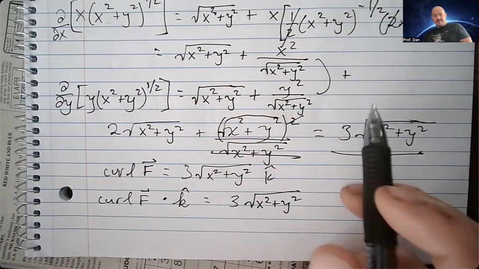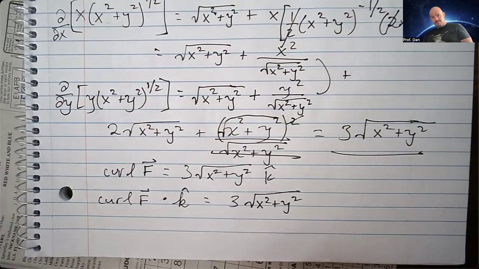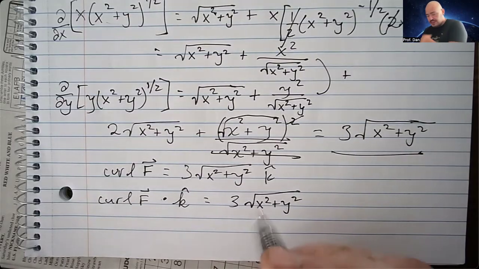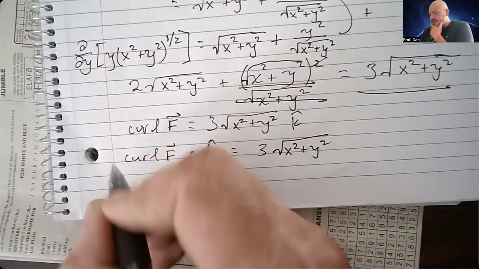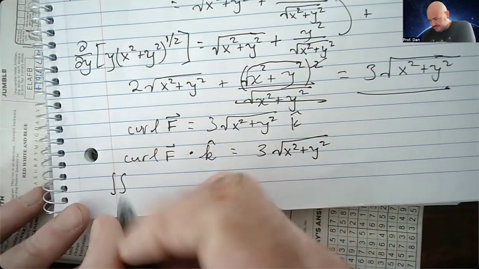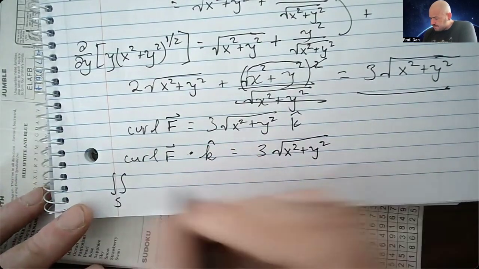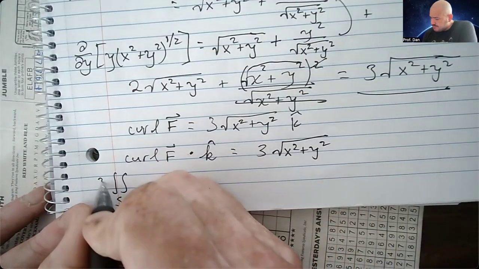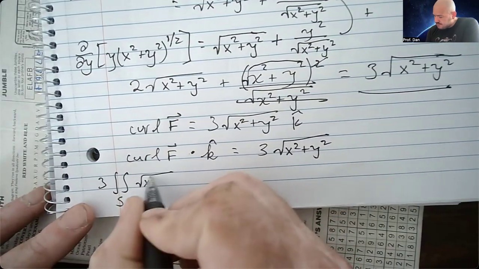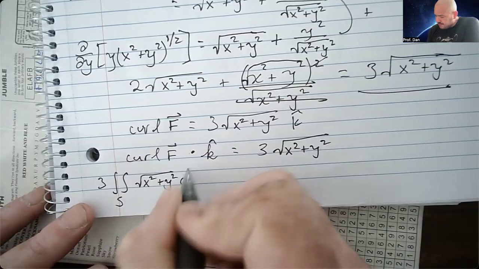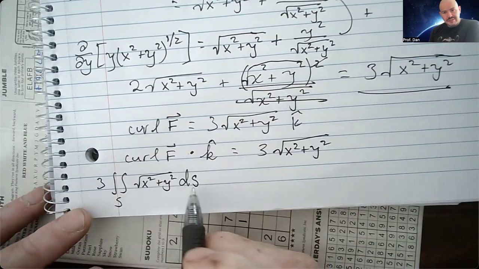Yep, because I'm multiplying that times 1. So I get that. Which means that the surface integral that we're doing can also be written like that.